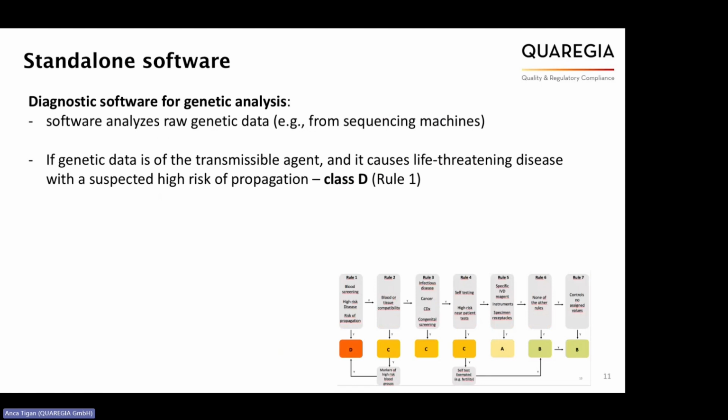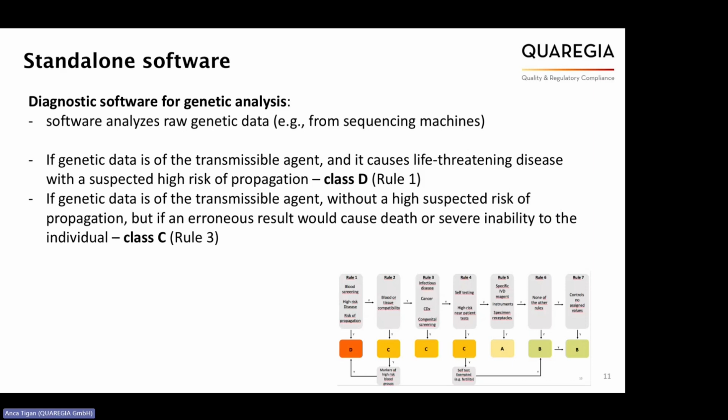So if the genetic data that is analyzed would be of the transmissible agent, like of the bacteria or the virus, and if this transmissible agent would cause life-threatening disease with a suspected high risk of propagation, this device, the software, would fall under Class D under Rule 1.